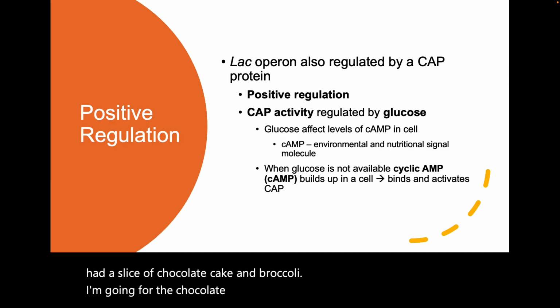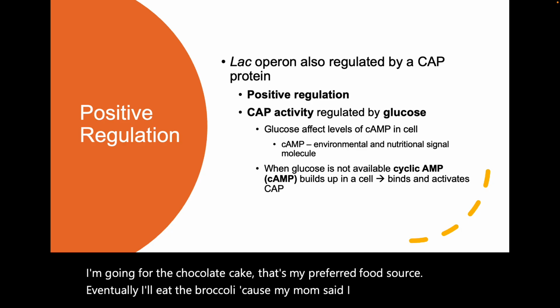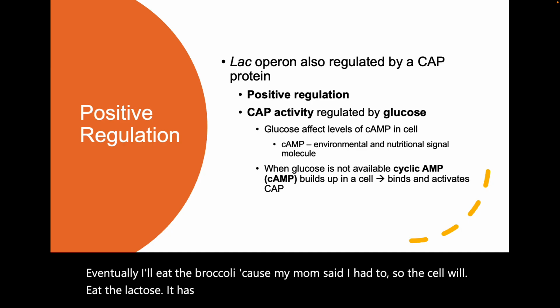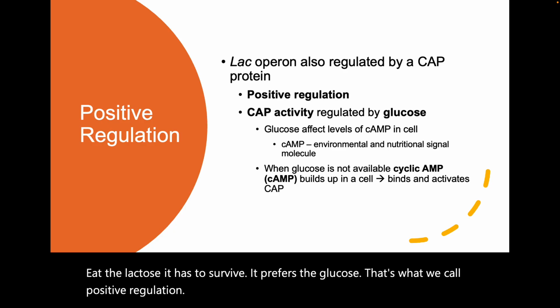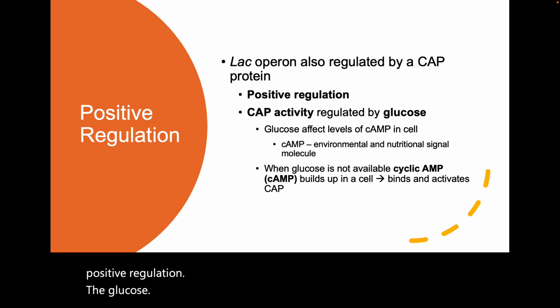That's my preferred food source. Eventually I'll eat the broccoli because my mom said I had to. So the cell will eat the lactose. It has to survive. It prefers the glucose. That's what we call positive regulation. The glucose is going to be consumed first.